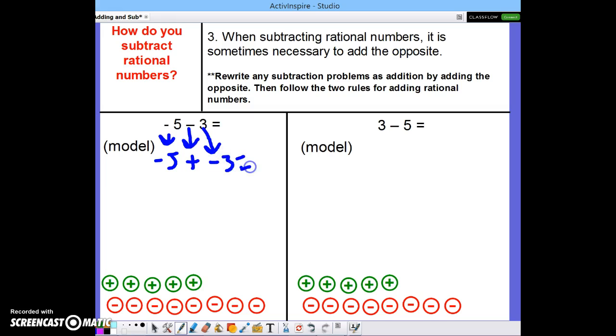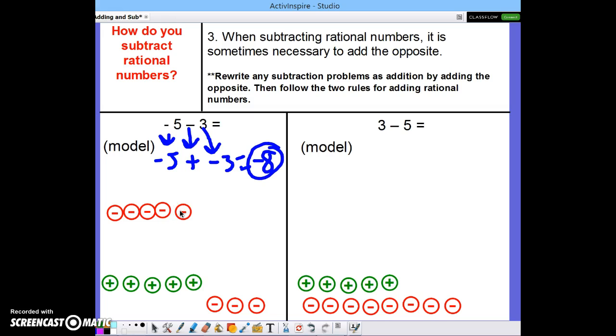Now my signs are the same. I just add. 5 plus 3 gives me 8, and I keep my sign. Negative 8 is your answer.